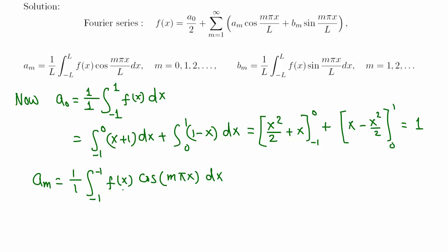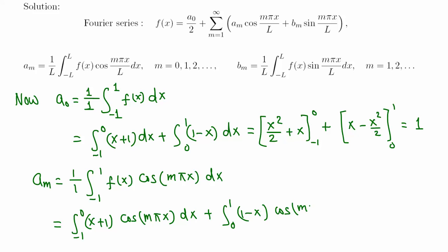Since the function was given by 2 pieces, we need to break this down into 2 parts, negative 1 to 0 and 0 to 1. So that's negative 1 to 0. In that case, the function is given by x plus 1 cosine m pi x, plus 0 to 1, where the function is 1 minus x, cosine m pi x dx.